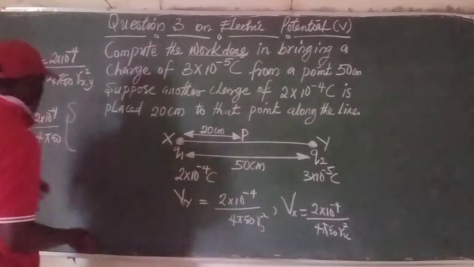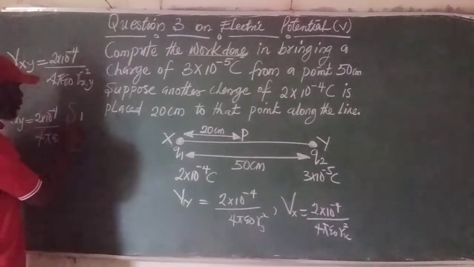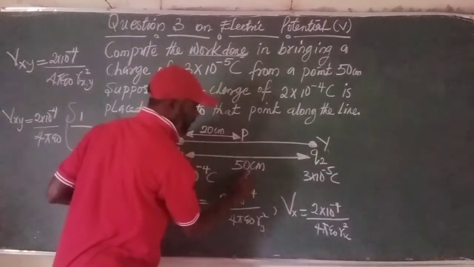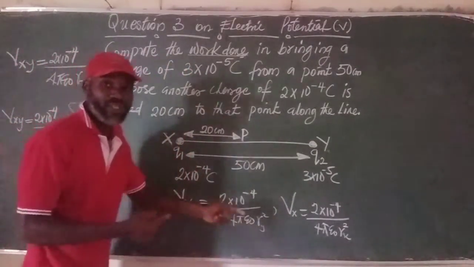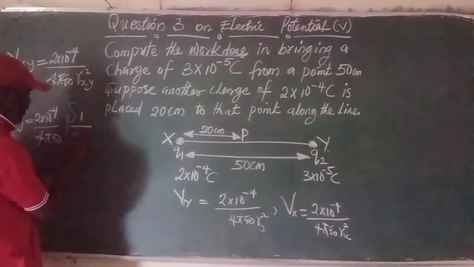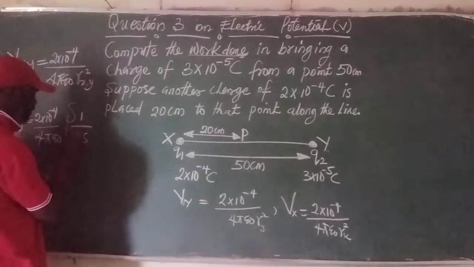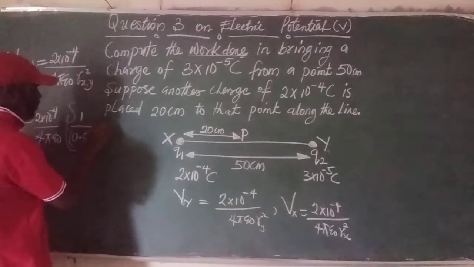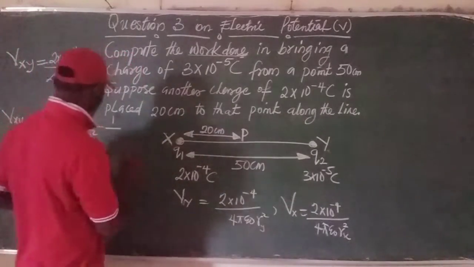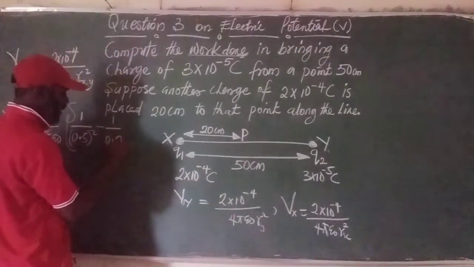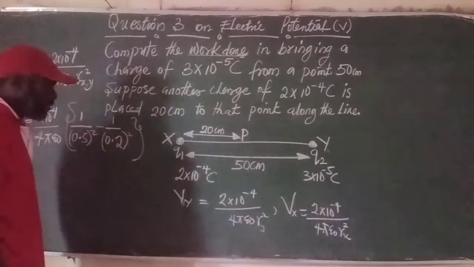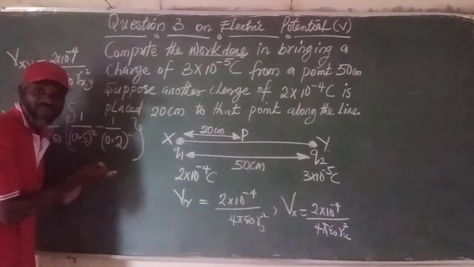And quickly, without wasting time, we have 1 all over this 50 cm, which when converted to meters becomes 0.5, so we have 0.5 all squared, minus 1 all over 0.2, which is the conversion of 20 cm, all squared, and the bracket is closed. So we have this, and it's very simple.